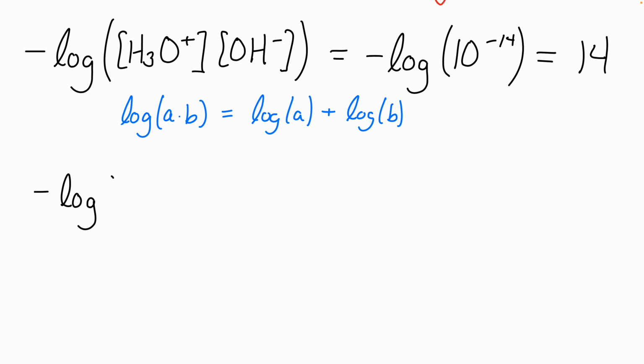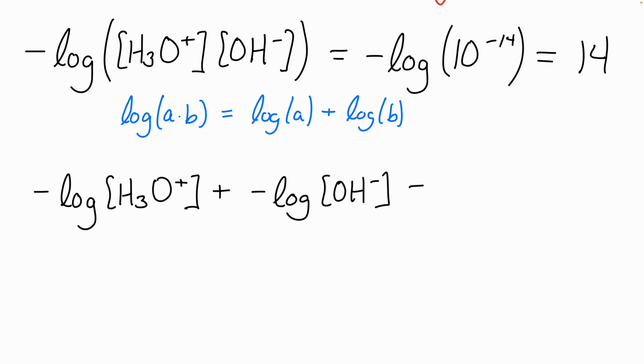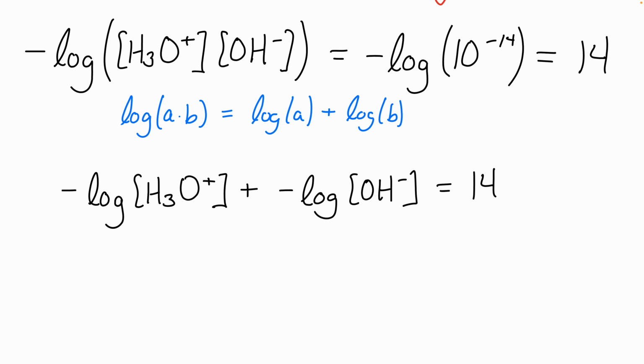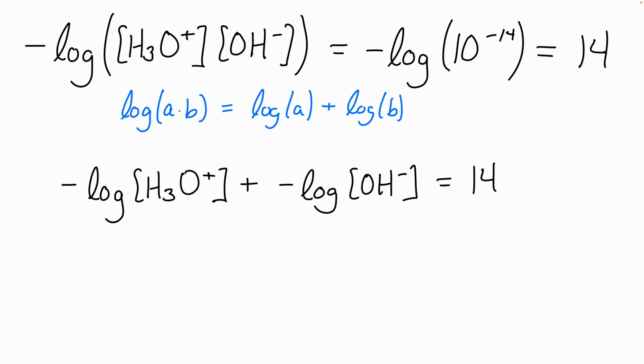So the negative log of the hydronium ion concentration plus the negative log of the hydroxide ion concentration equals that number 14.